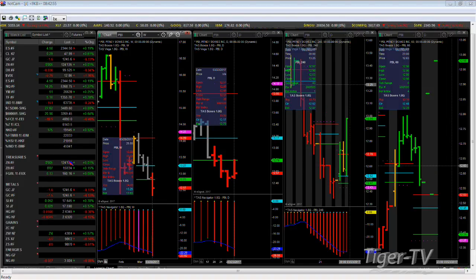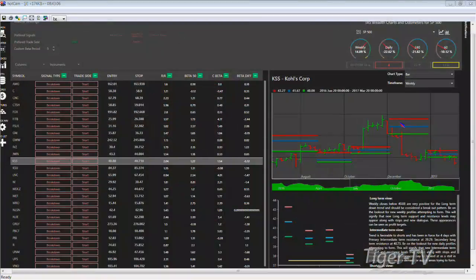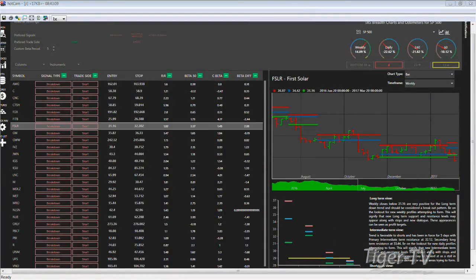Poor Pitney Bowes. Here we go. A couple other stocks here. There's the coal situation. God, man. FSLR. Man, that's painful. Let's take a look at FSLR on our eSignal charts here.